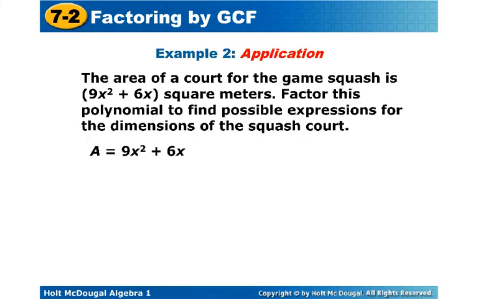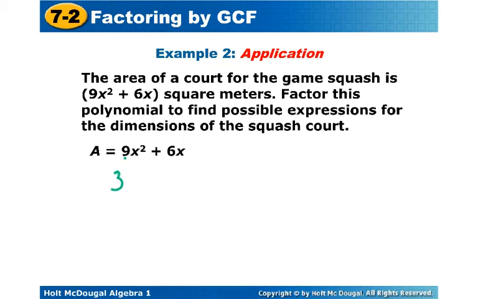So they're going to give us this example where it says the area of a court for the game of squash is 9x squared plus 6x square meters. You want to factor this polynomial to find possible expressions for the dimensions of the squash court. So first we're just going to simply factor it like we have been. You have 9 and 6. Well, 3 can go into both of them.